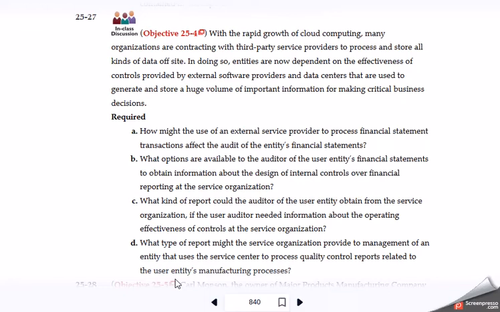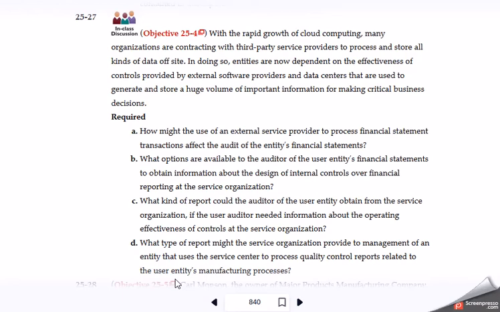Then B says, what are the options that are available to the auditor of the user entity's financial statements to obtain knowledge about the design of the internal controls over the financial reporting at the service organization? So then that's another report. It's an SOC1 report. And that is a report on the service organization's internal control and the design of the internal control.